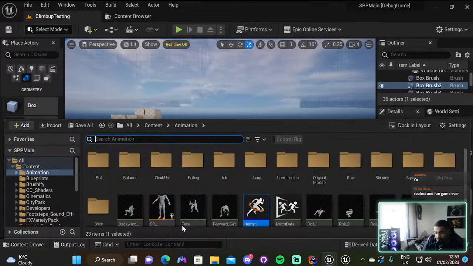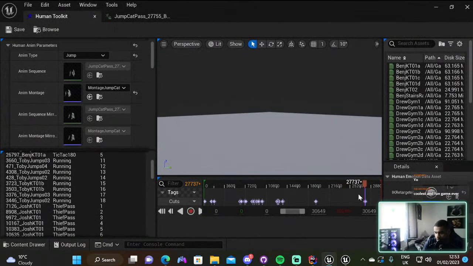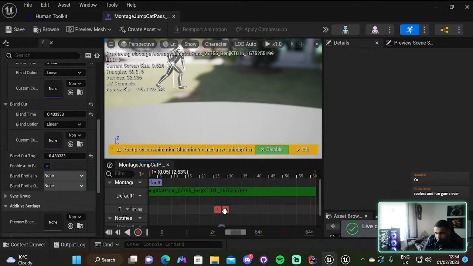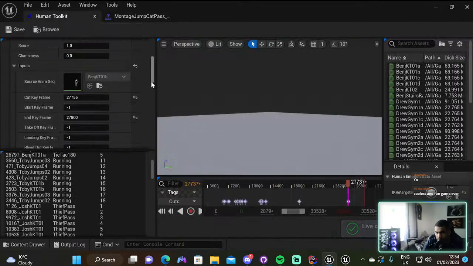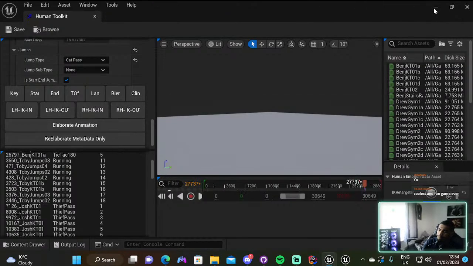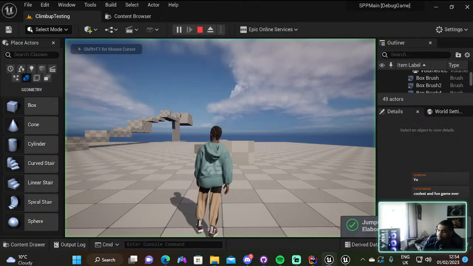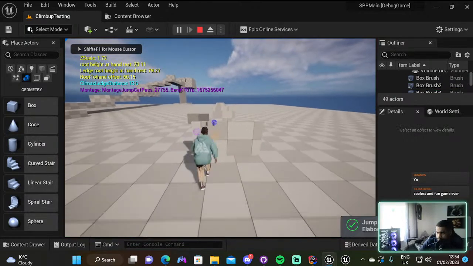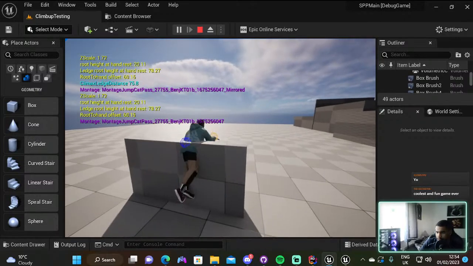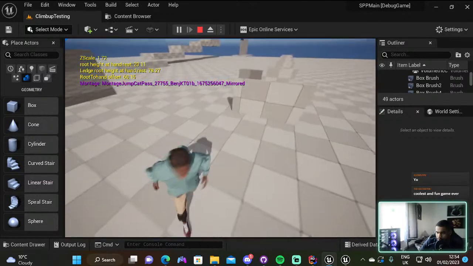Oh, it's because I scale for a tiny... like that. So do you see? There it goes over the wall.